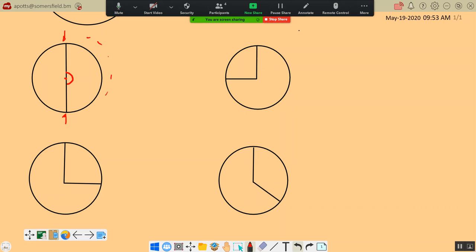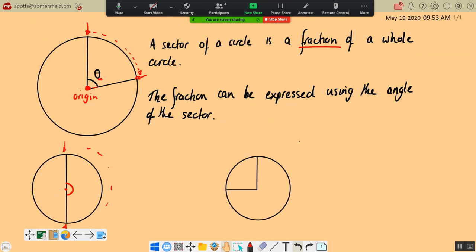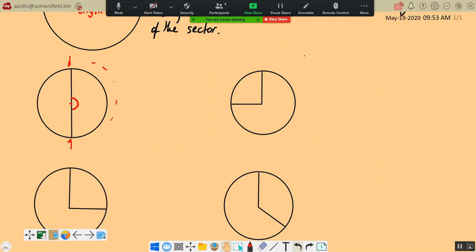So if we've got this circle, then maybe just recap you guys as well. We're talking about finding the fraction of the circle, looking at the angle so that we can then work out the areas. What angle have I rotated around and cut here? So what's this angle? If I'm considering this part, what is the angle?